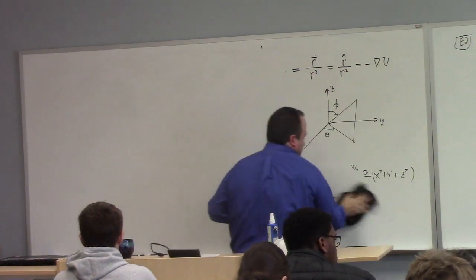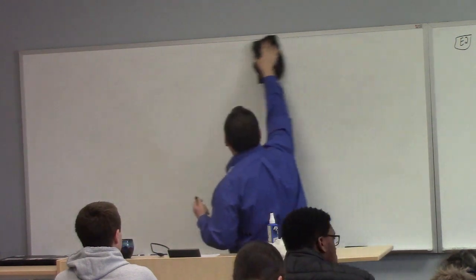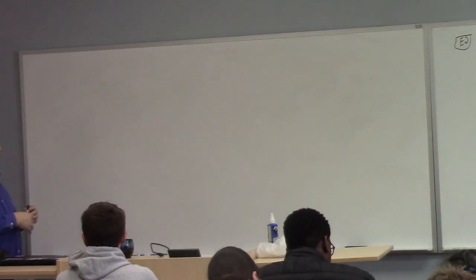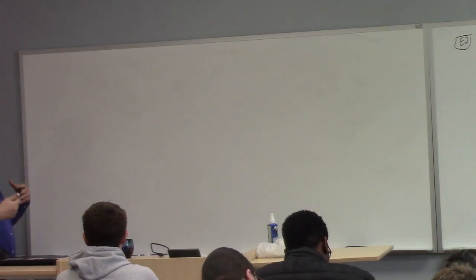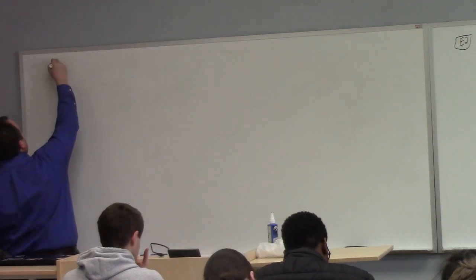And so the idea is fairly simple. It's based on the observation that energy is conserved. Now, I need to derive a little bit of something here for us. This is one-dimensional.